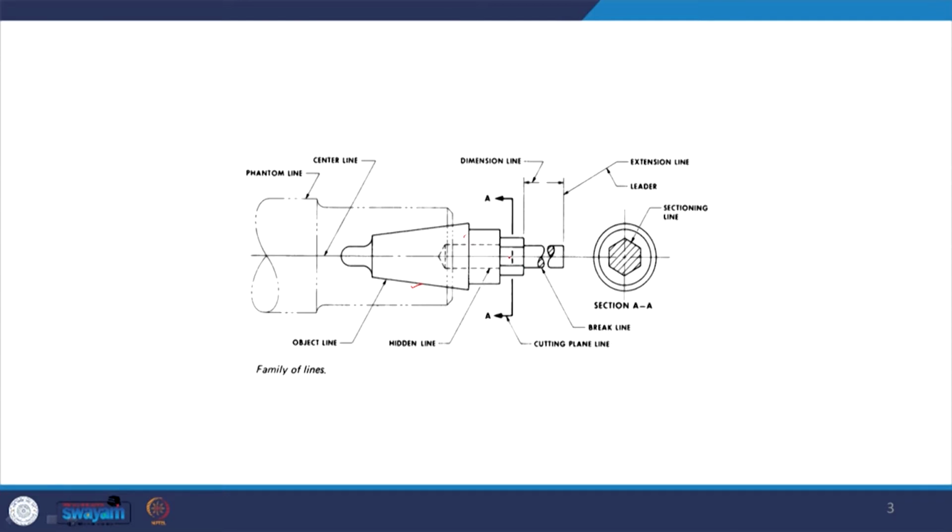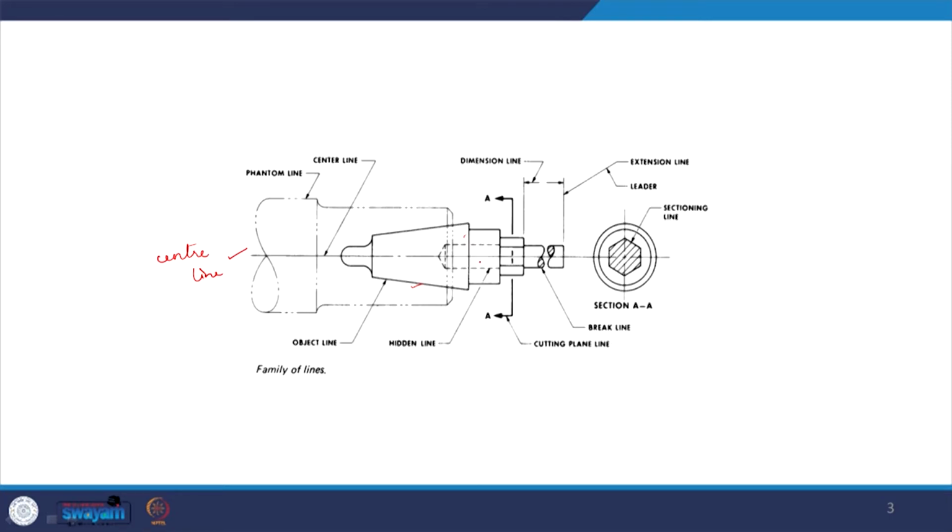Now, this object is symmetrical about this center line. If you see, there is a long dash and a small dash, then a long dash and a small dash. This is the center line, about which the entire object is symmetrical.